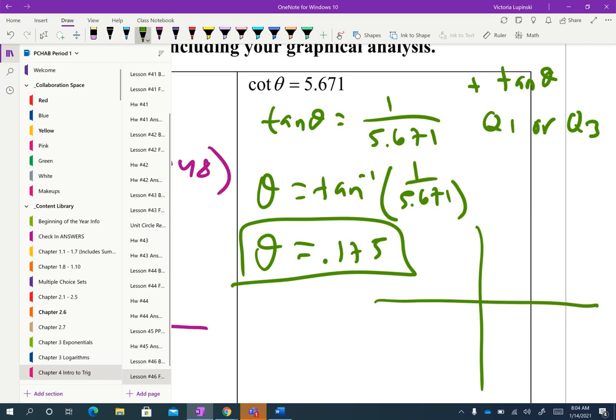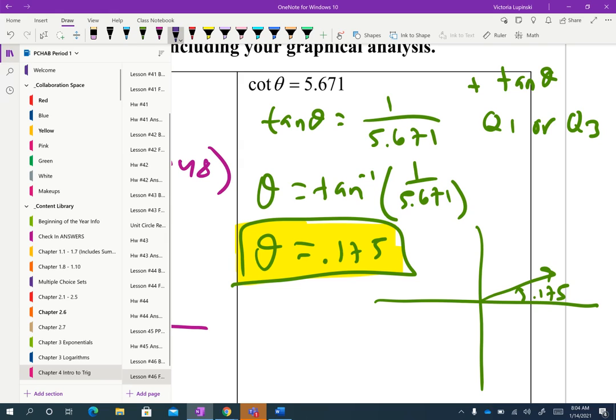0.175 is going to be the answer in the first quadrant, so 0.175 radians. That's actually a fairly small value. So 0.175, that is my first answer in quadrant 1. Because of the fact that I was able to get the first quadrant answer from my calculation, not only is that the answer in quadrant 1, but that is actually also the reference angle.